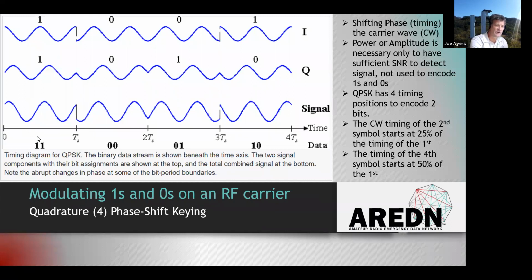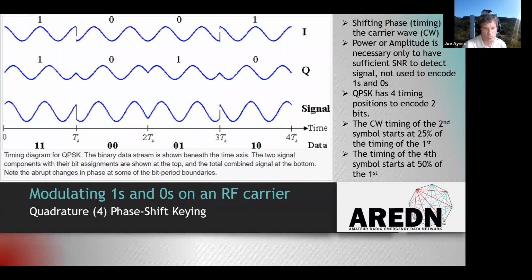Down here we have from 0 to TS, the symbol length of time, in which, in this case, 2 bits, 1 1, are transmitted. Then between T and 2T, there's another symbol, another set of 2 bits, transmitted by that carrier wave.